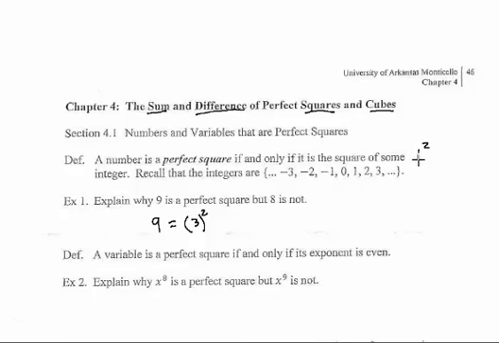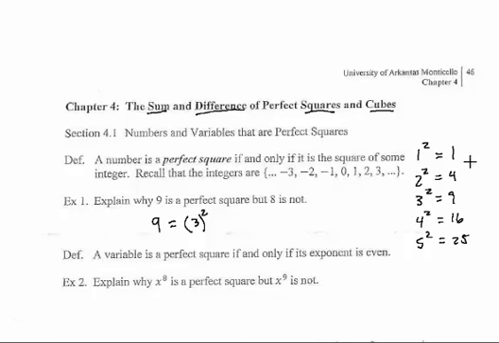So if we take 1 and square it, we get a 1. So by definition, 1 is a perfect square. 2 squared gives us a 4. And so 4 is a perfect square. 3 squared is 9. 4 squared equals 16. 5 squared is a 25. And we could keep going and going. But you notice that we skipped numbers in between each successive perfect square.